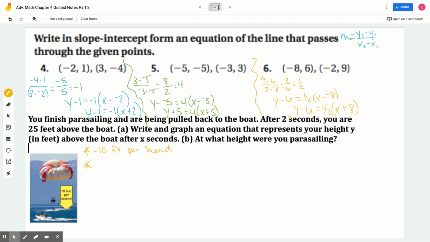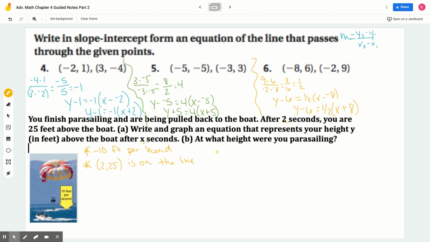After 2 seconds, we are 25 feet above the boat. So the point (2, 25) is on the line. That would be a point on the graph of the equation. We know that 2 seconds has to be x and y is feet. So our point is (2, 25).